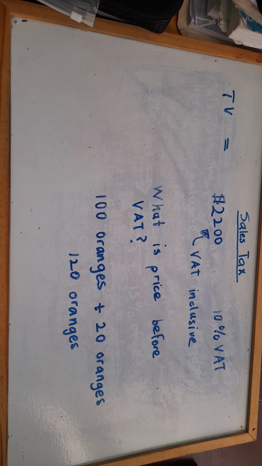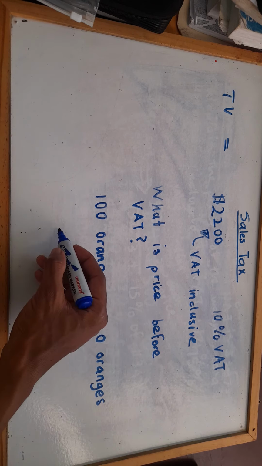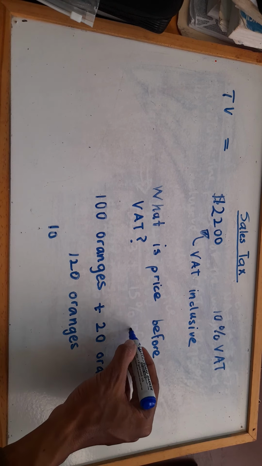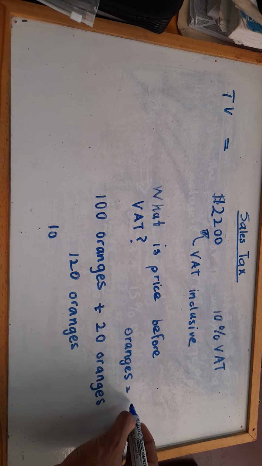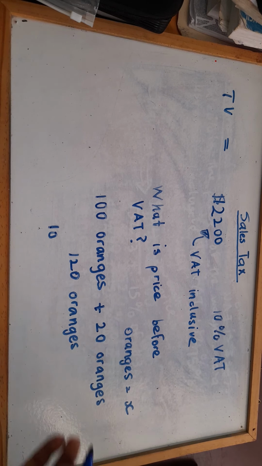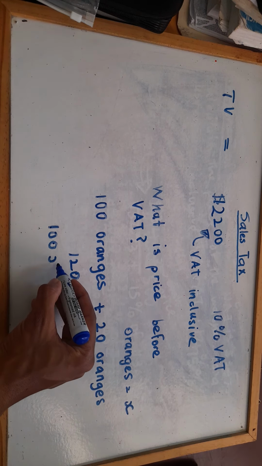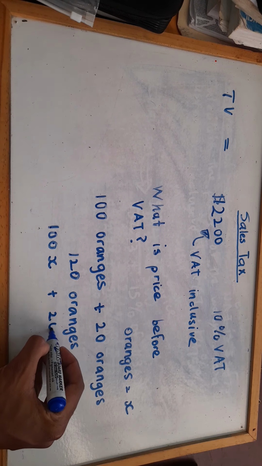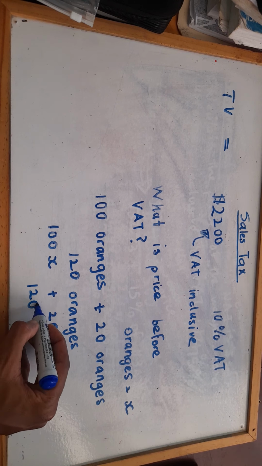Now I'll replace oranges to make it a little more algebra-ish. We said let oranges be represented by X, to make it a little more mathematical. 100x plus 20x is 120x.